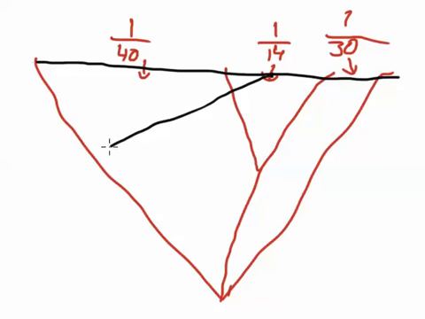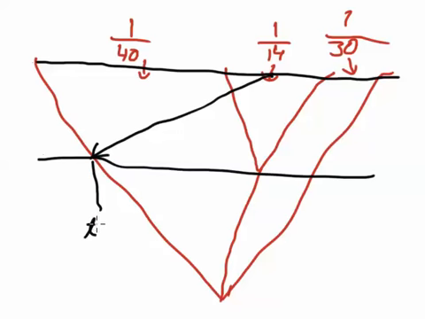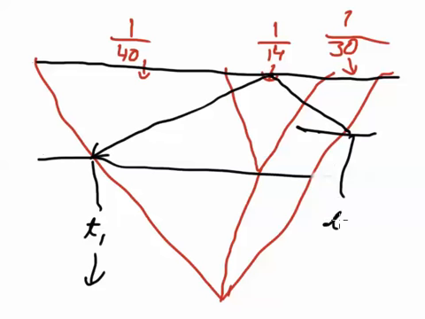If I looked in that direction, I would see the edge of the universe as it exists at this time here, T1, and if I looked this way, I would see the edge of the universe as it existed at this time here, T2.